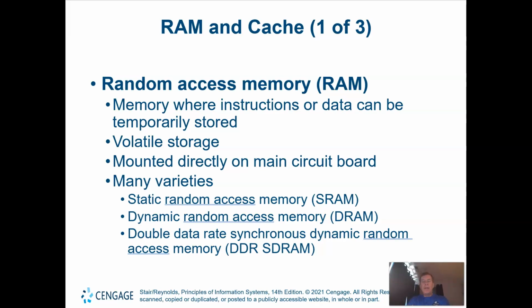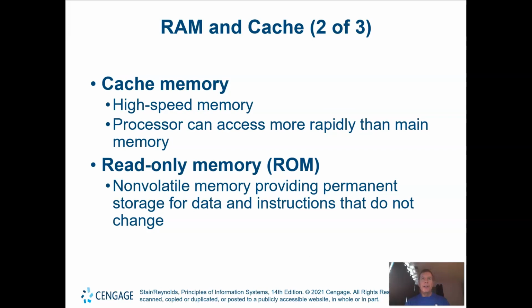RAM chips are, and so we call that volatile storage. It's a volatile storage device, meaning that it will lose its contents if it's turned off or disrupted. There are lots of forms of RAM, as you see there. Static random access, dynamic, double data rate synchronous, etc. It's very interesting, and that's for further study if you choose to go in that direction.